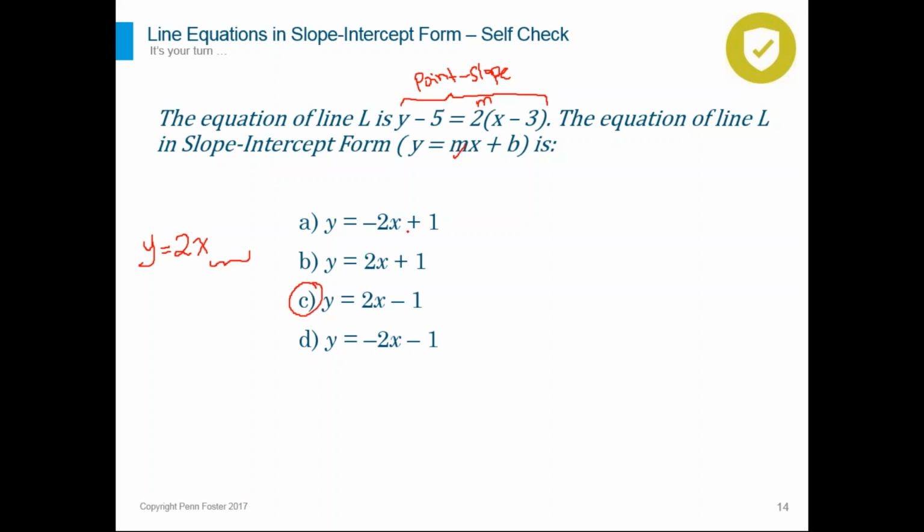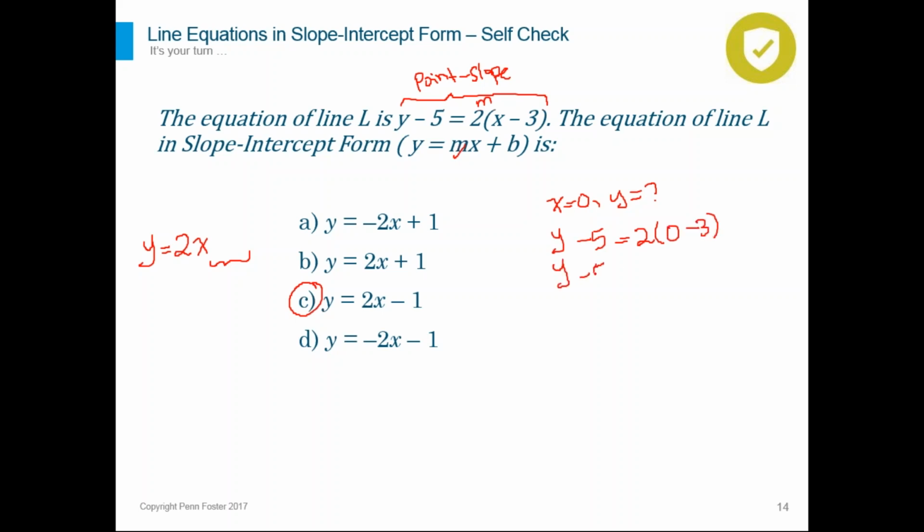The rest, actually, I am able to find the y-intercept by setting x equals 0. Since I have an equation for that line, I can say, when x equals 0, what would be the y, which is the b? So I'm going to use the equation y minus 5 equals 2 times 0 minus 3.